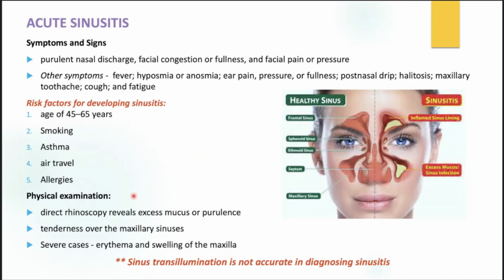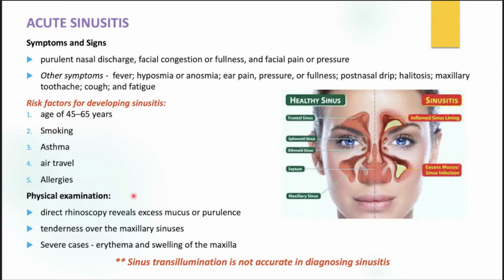Patients would usually present with purulent nasal discharge, facial congestion or fullness, and facial pain or pressure. Other symptoms would include fever, changes in smell, ear pain, pressure or fullness, postnasal drip, halitosis, maxillary toothache, cough, and fatigue.